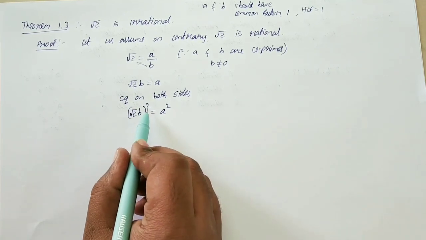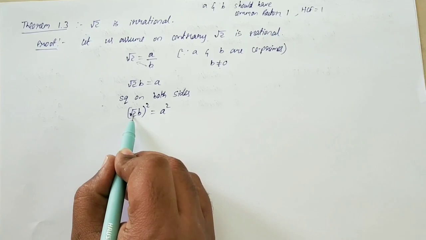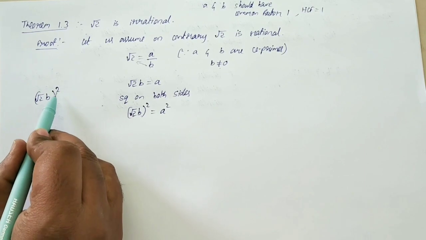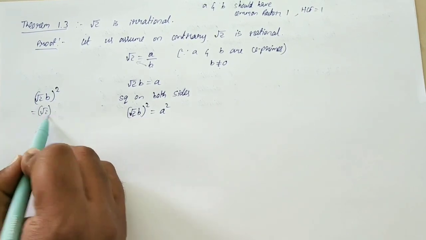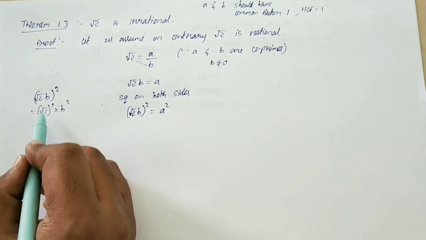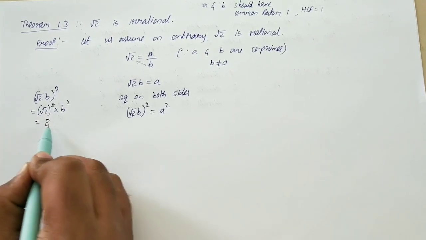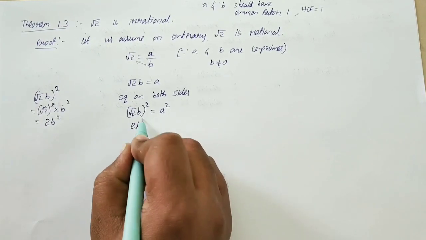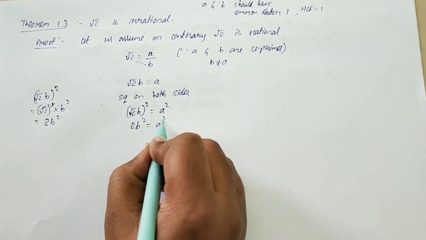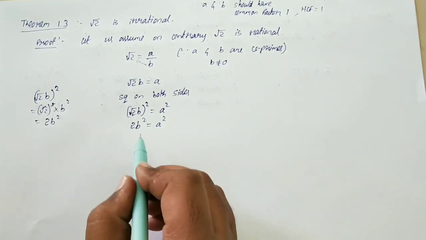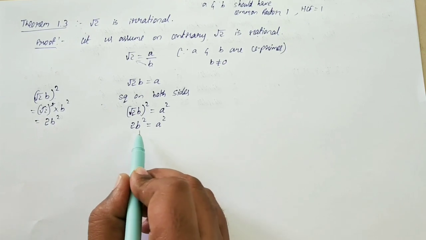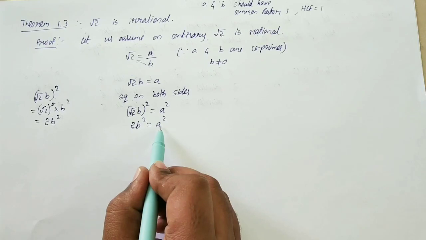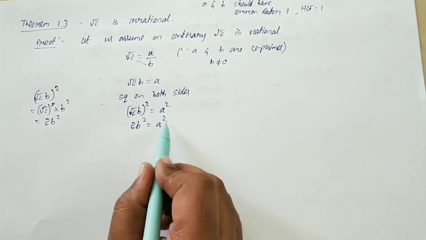Root 2 B whole square means this square is for both root 2 and B. Here square and square root cancel, remaining is 2, and B square as it is. Therefore root 2 B whole square can be written as 2 B square is equal to A square, right? So this A square has the factor 2. From this condition, 2 B square is equal to A square, we came to know that 2 is one of the factors of A square, right?